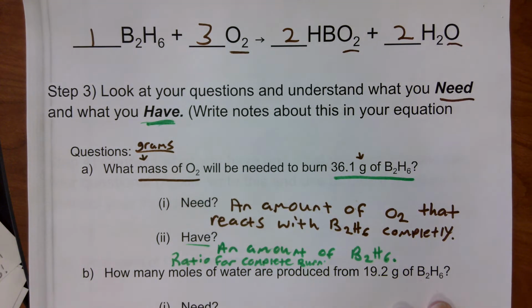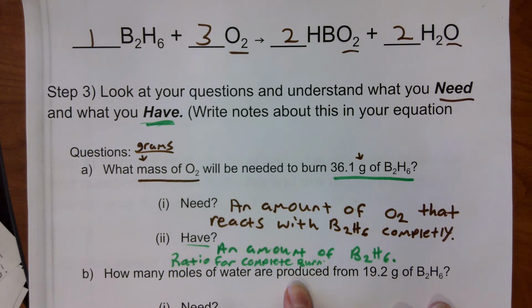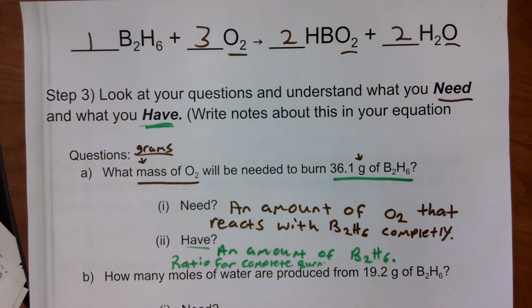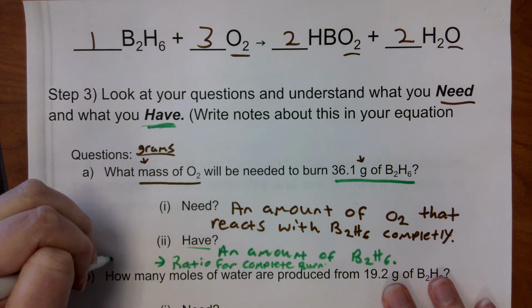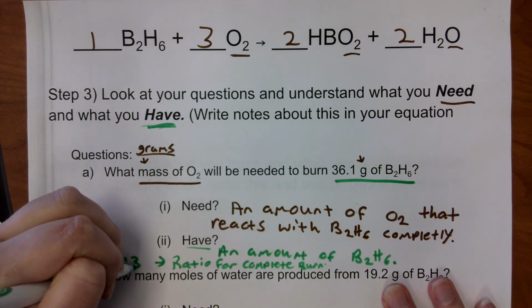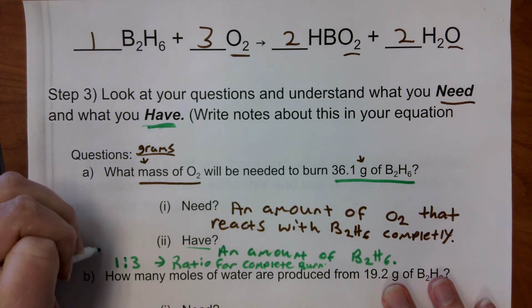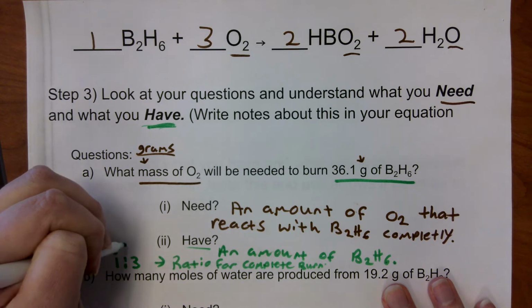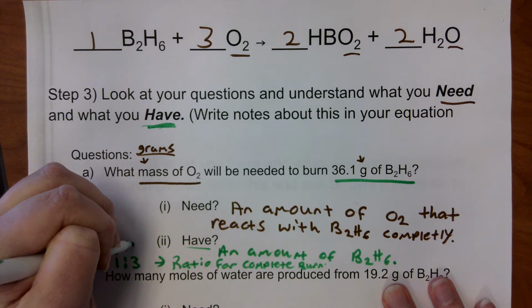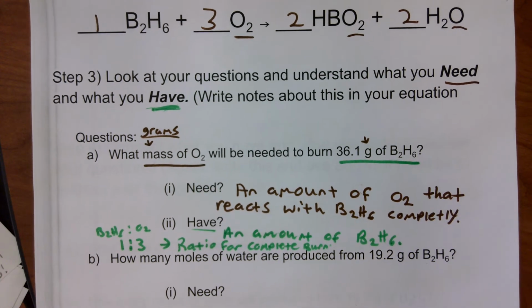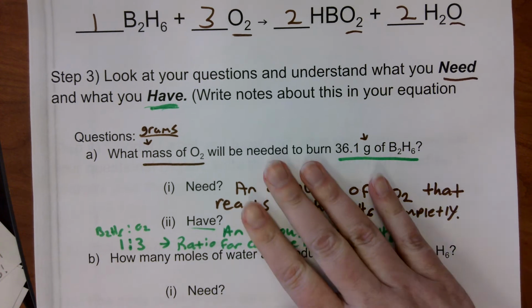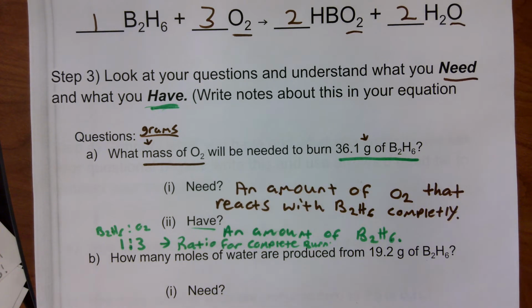So you also have a ratio for a complete burn or a complete reaction to happen. Okay? Which is a 1:3 ratio, where 1 is for the B2H6 and the 3 is the O2. Okay? So that's what you need for the first question.